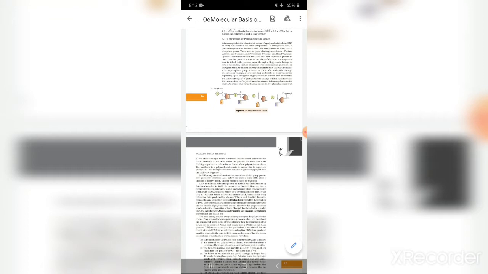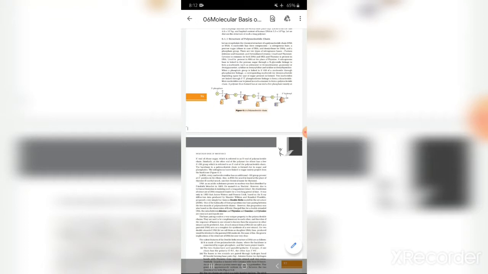What are the salient features of the double helix structure of DNA? DNA is made up of two polynucleotide chains, where the backbone is constituted by the sugar phosphate and the nitrogen bases project inside.